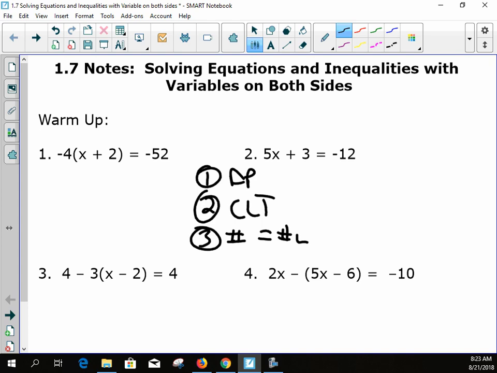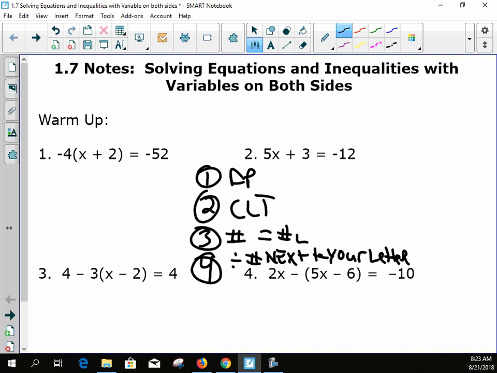And then we have step 4 as divide by the number next to your letter. Those all stay.